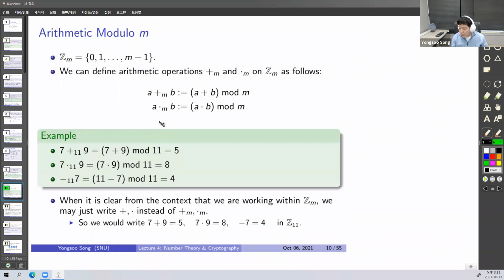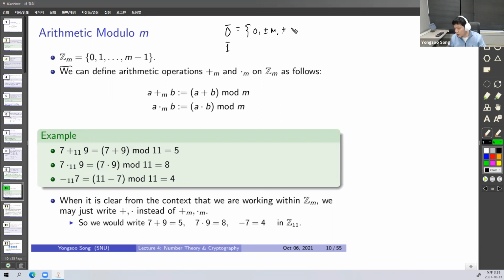So now we finally define this set of integers from 0 to m minus 1, and this is denoted by Z sub m. Previously we defined the sets 0 bar and 1 bar, something like this, in modulo m space.